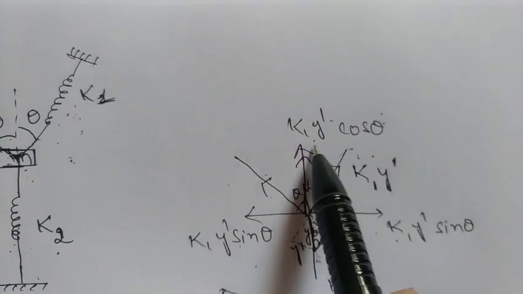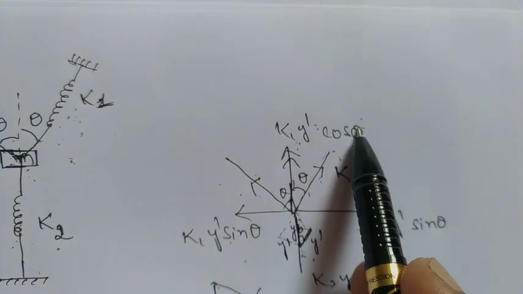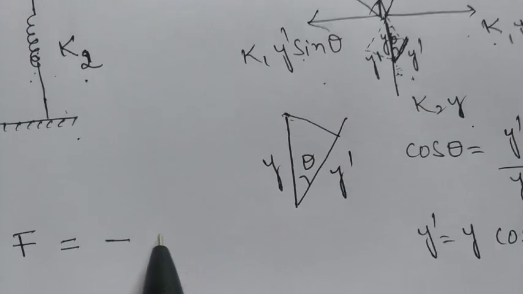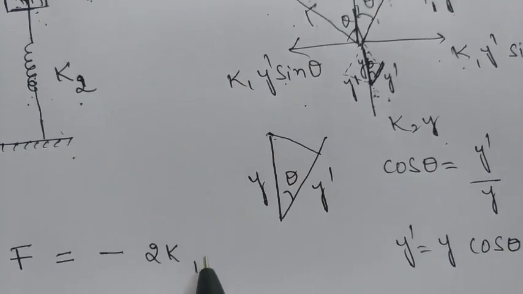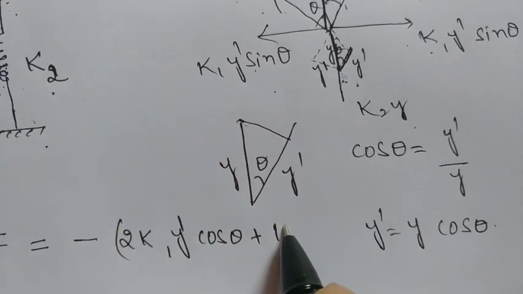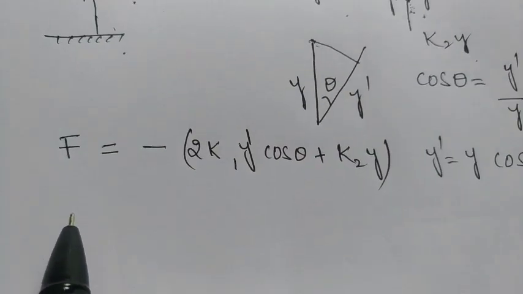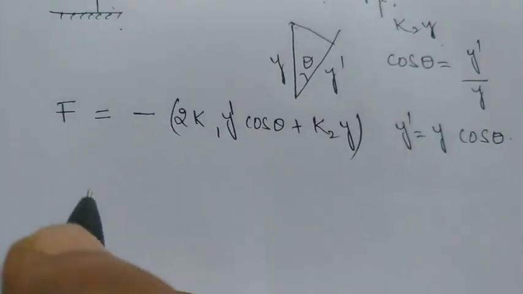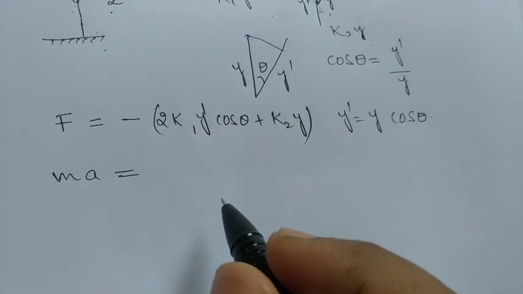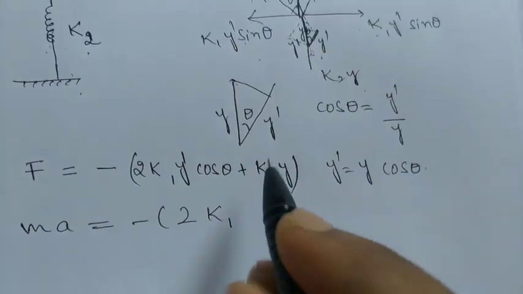So in the first spring K1 Y dash cos theta, in the second spring K1 Y dash cos theta, and the third is K2 Y. Therefore the net force can be written as 2 K1 Y dash cos theta plus K2 Y. F is equal to MA, so MA equals minus 2 K1 Y dash.